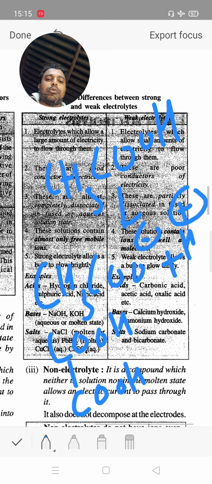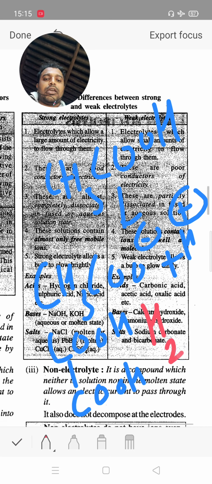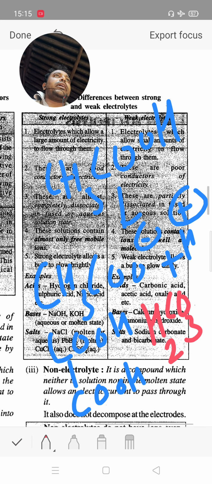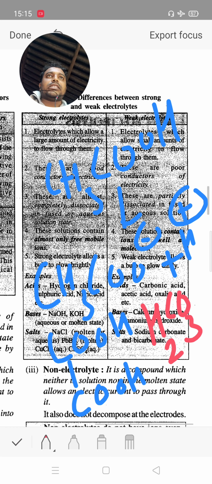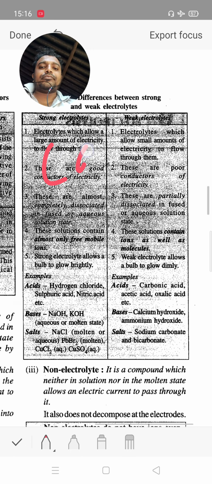Next, carbonic acid. Carbonic acid means H2CO3. It is also partially dissociated into H+ ion and carbonate ion CO3 2-. Then it is an example of weak electrolyte. Now bases, like calcium hydroxide.